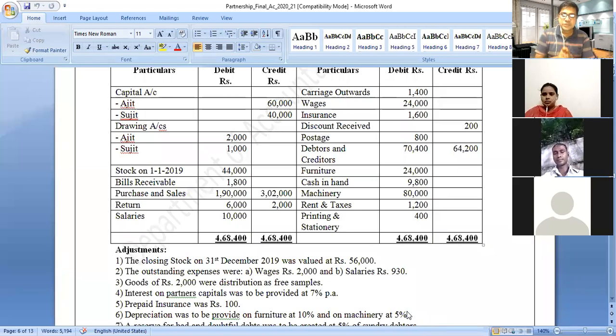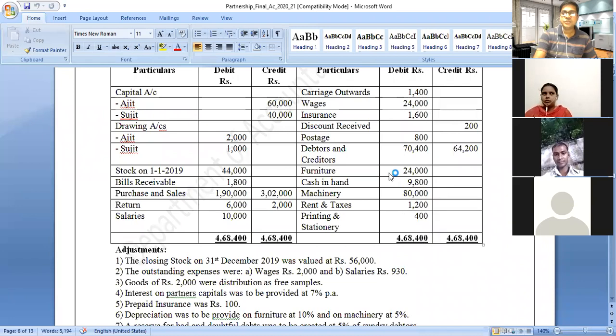This depreciation, first effect: profit and loss account debit side. Depreciation on furniture 2,400, depreciation on machinery 4,000. Now second effect: less from fixed assets.